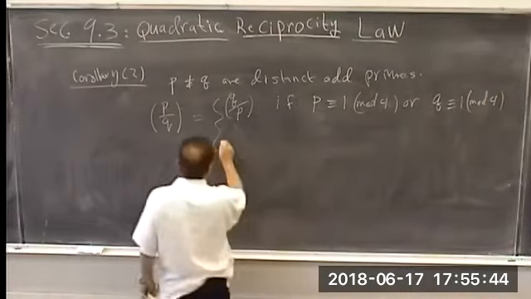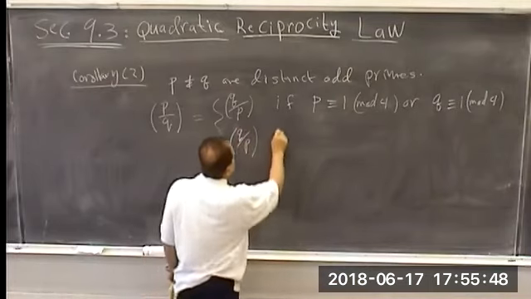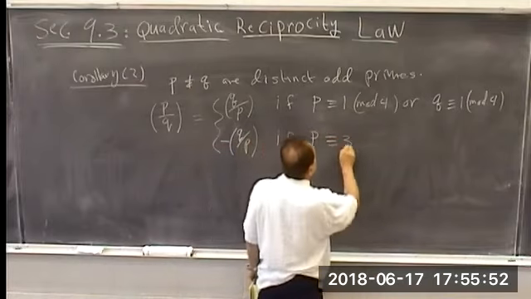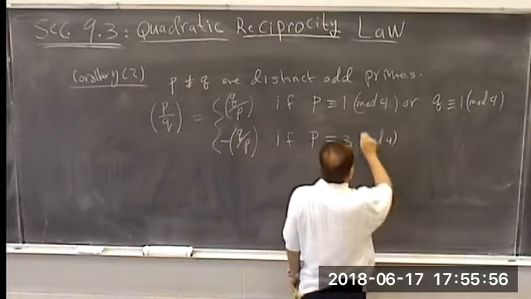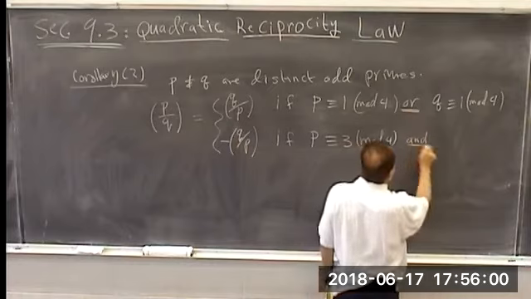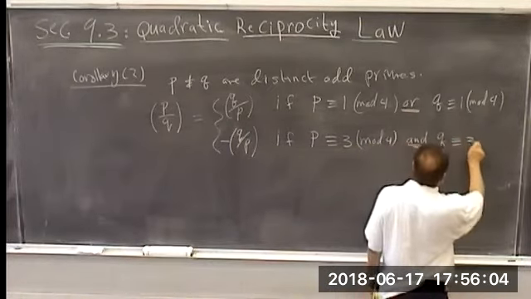And it's going to be the negative of (Q over P) if P is congruent to 3 mod 4 and Q is congruent to 3 mod 4.